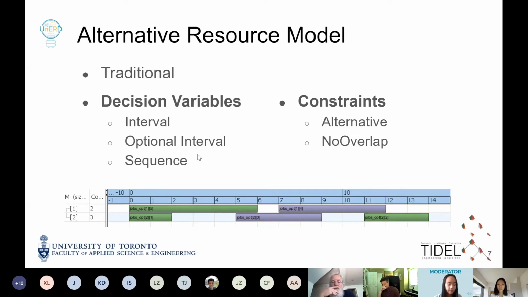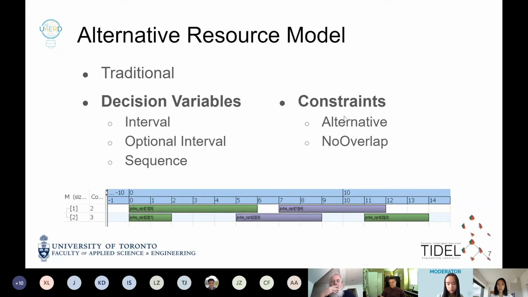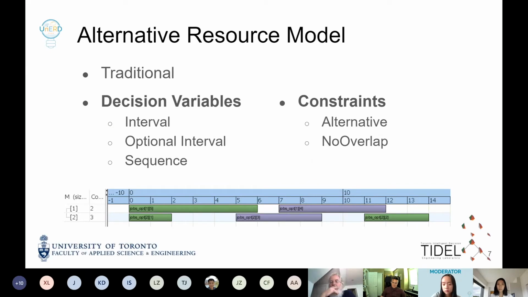So for each job, we created m numbers of optional interval variables on each machine, and the alternative constraint makes sure that each job is only present in one of the optional activities across the machines. So we also use a no overlap constraint on the sequence variable to ensure the interval variables and the setup times in the sequence do not interfere temporally.